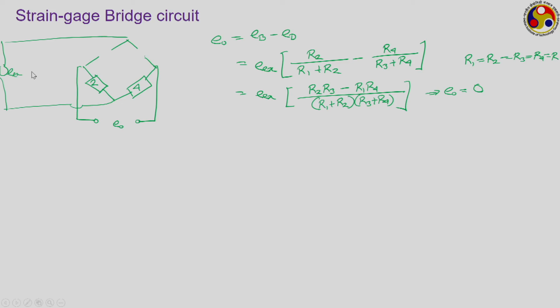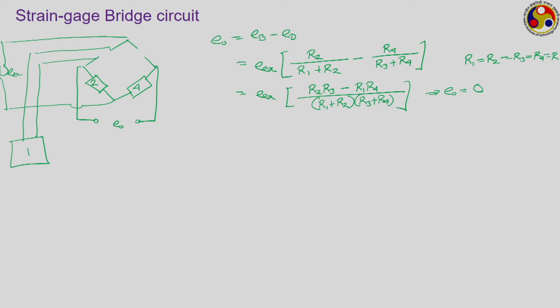Now, what about 1? The 1 is connected to the strain gauge using which you are doing the measurement. This is your strain gauge mounted on the specimen where you are getting the measurement. And what about your 3?